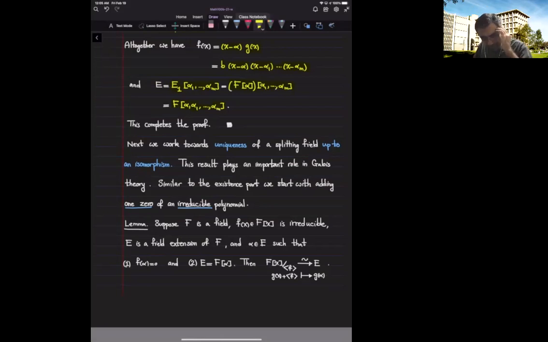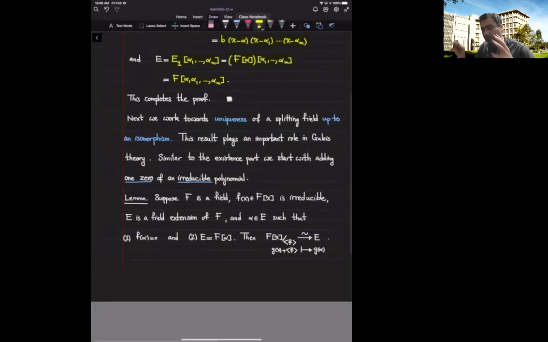Try to remember what it means and so on. Actually, the precise formulation of uniqueness I'm going to formulate in the next lecture, but the techniques that we are going to use here are important as well. So please pay close attention to the arguments.